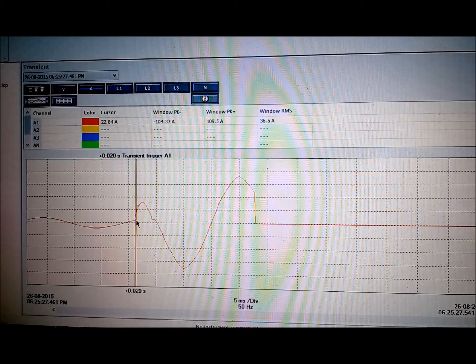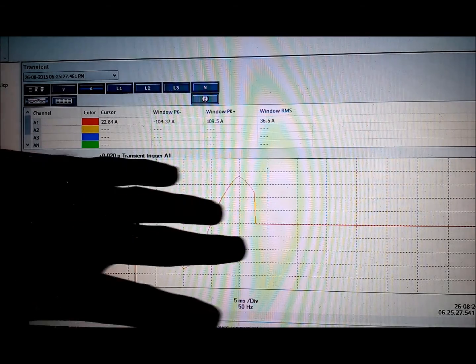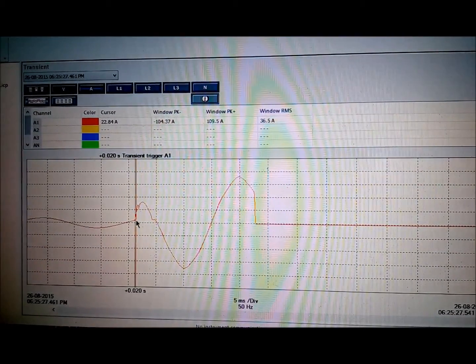Now let's analyze the waveform of our analyzer meter, which gives you data points every 78 microseconds and captures 4 cycles in a window. So this is a window wherein it can capture 4 cycles, and each cycle comprises 78 microsecond data points. Now let's see the first situation.